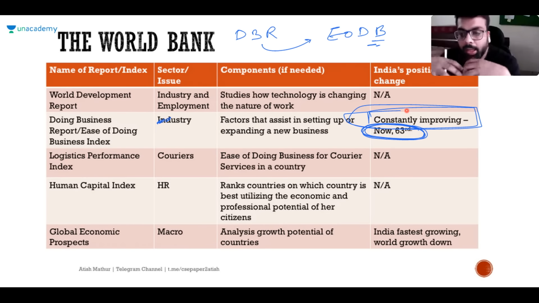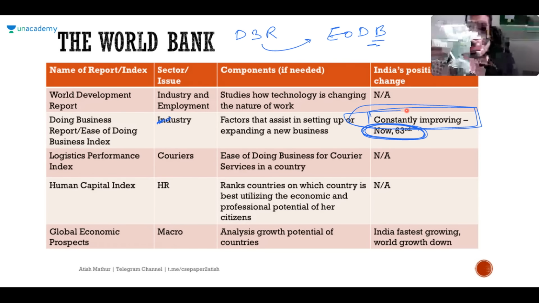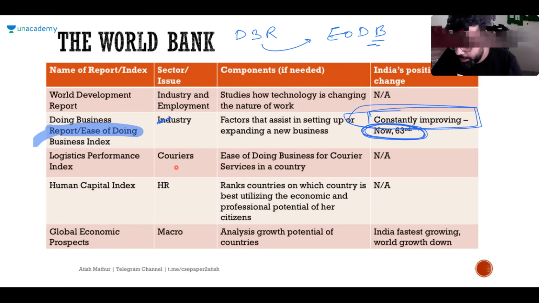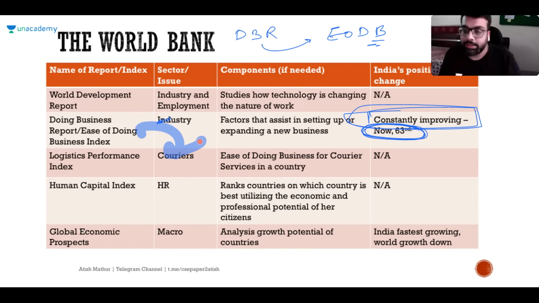Now, your basic idea is, what kind of freedom, what kind of ease of doing business does a specific country allow for courier services? That is logistics performance. If I have to make you understand this in one line, it's basically ease of doing business, but only and only for logistics companies. That's the simplest way to understand it.